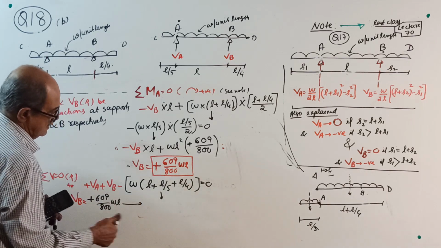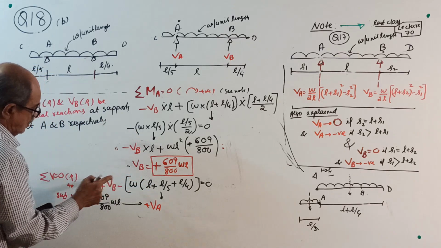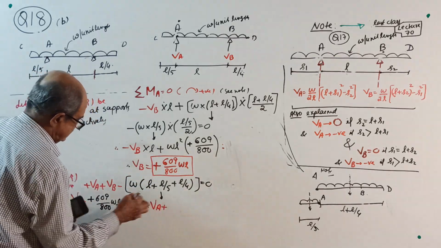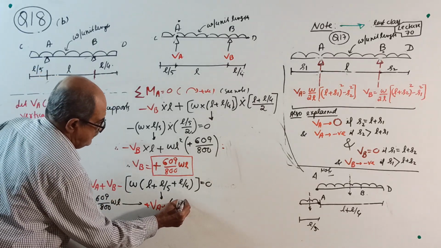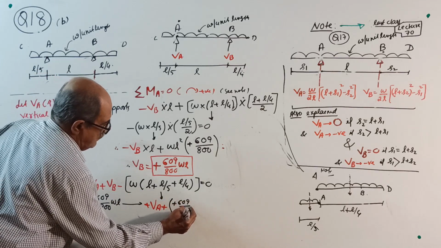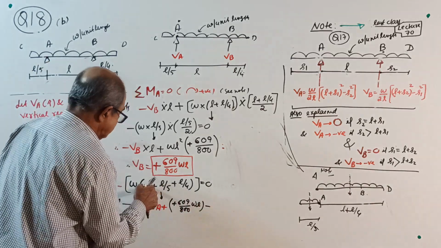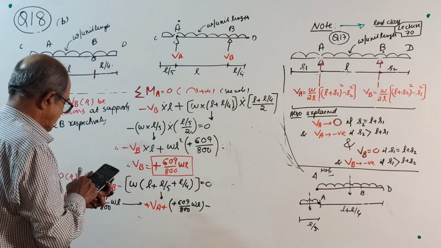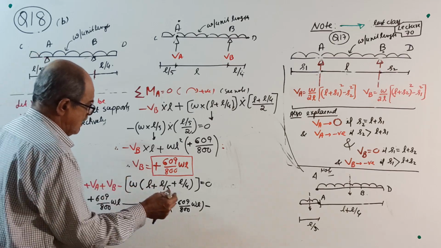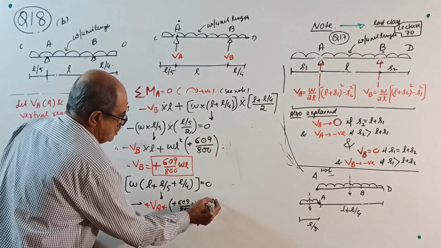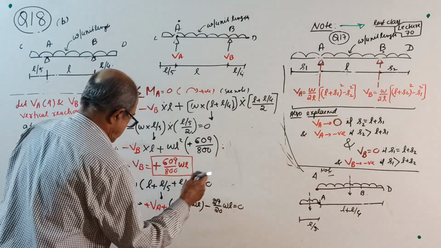You will get plus VA plus, in brackets, VB you got plus 609 by 800 of WL, then minus this number, 1 plus 1 by 5 plus 1 by 4 is 29 by 20, minus 29 by 20 WL equal to 0.